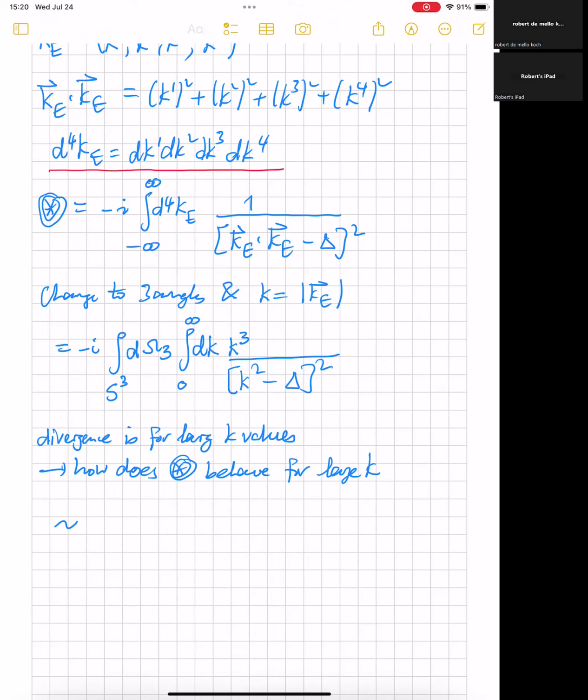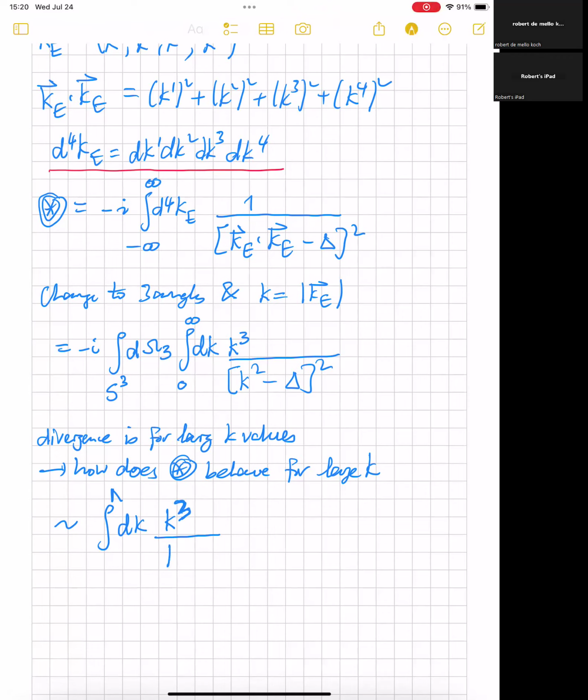But if I look at the integral, I'll have an integral dk, and let's imagine I'm integrating up to some very big momentum lambda. So lambda is a massive momentum. I've got k cubed. If k is becoming very, very large, k squared minus delta behaves just like k squared. Above some k, you won't even notice the minus delta.